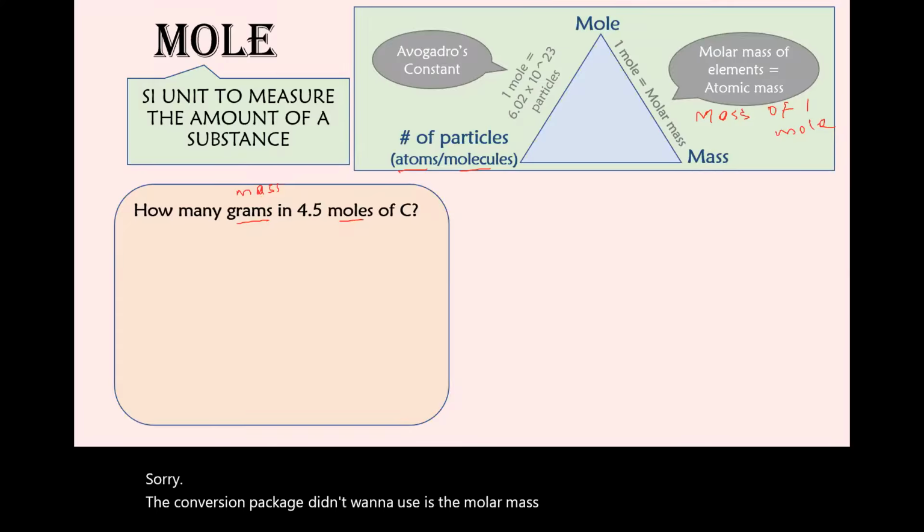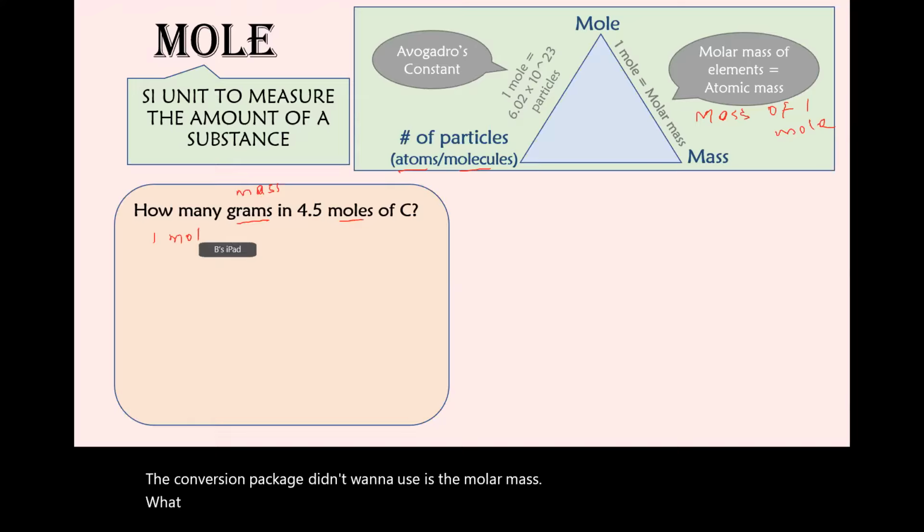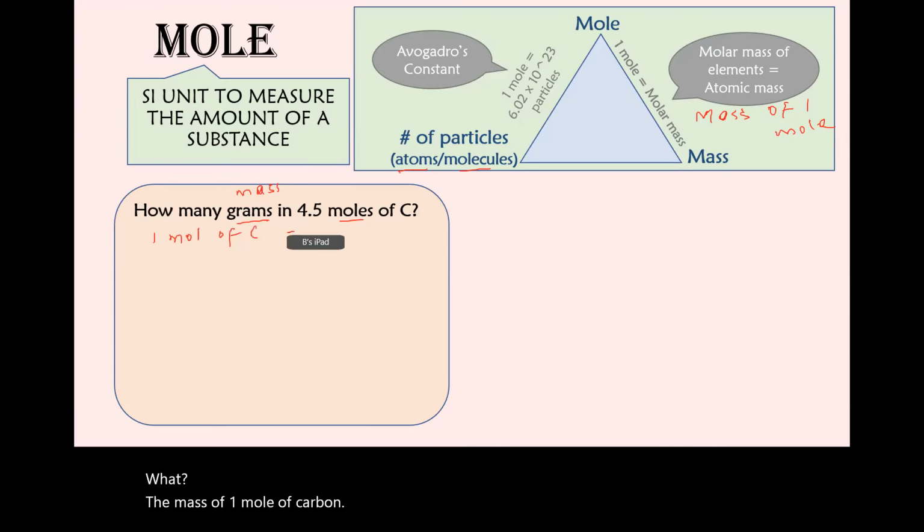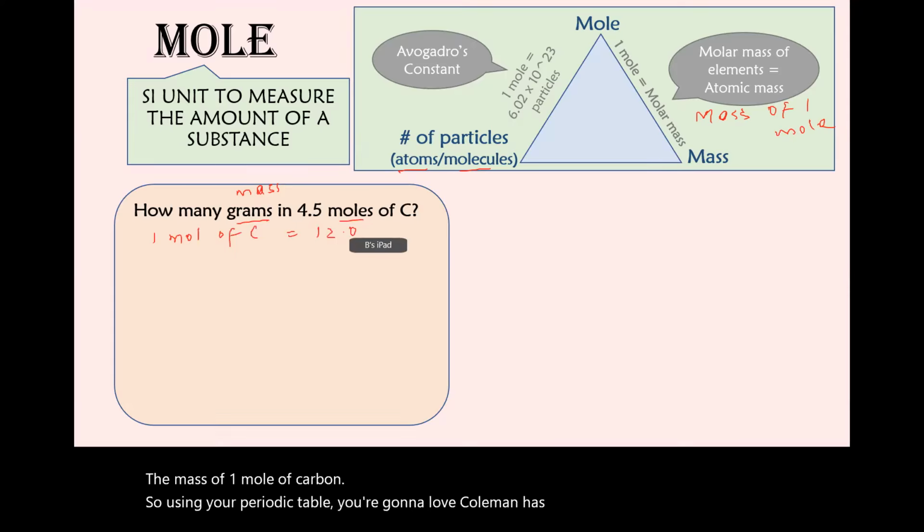So you go to the periodic table and you figure out what is the mass of 1 mole of carbon. Using your periodic table, you're going to figure out that 1 mole of carbon has 12.011 grams. Once again, this is your molar mass.